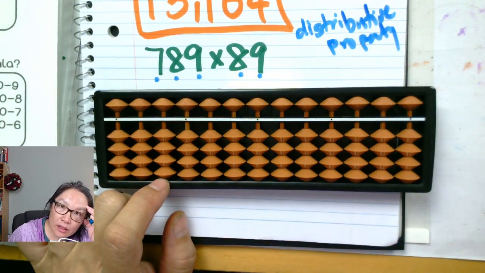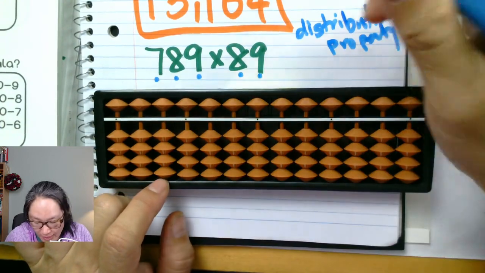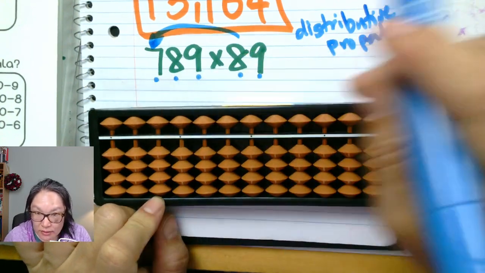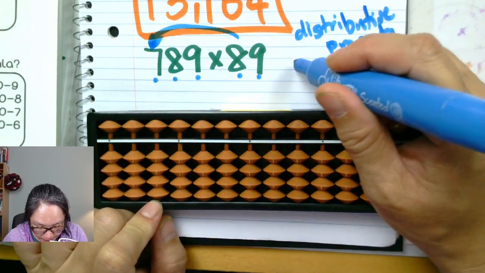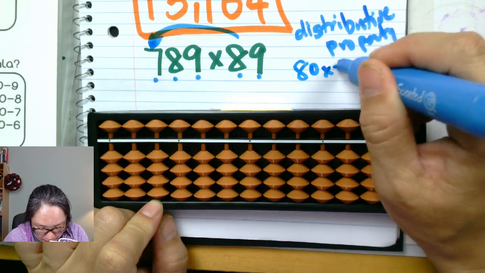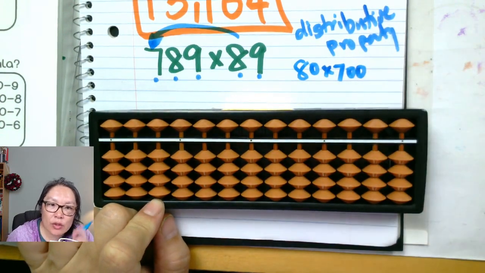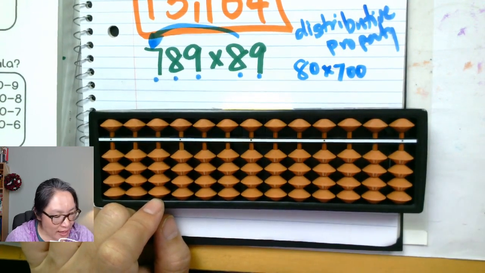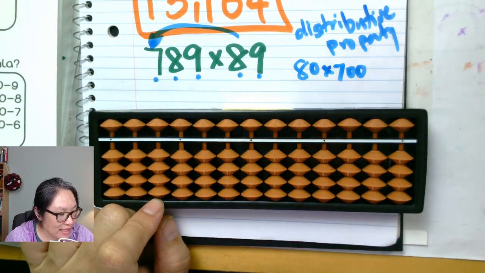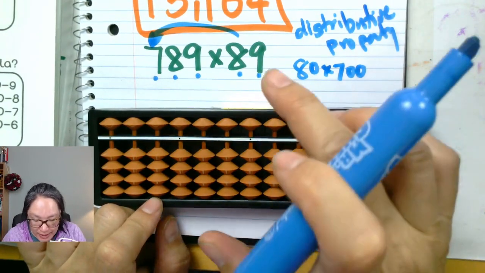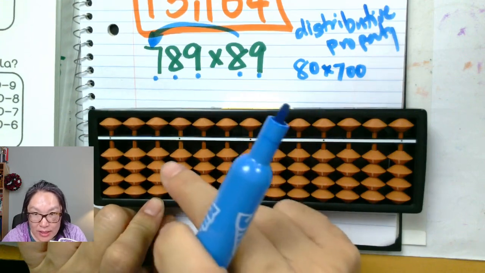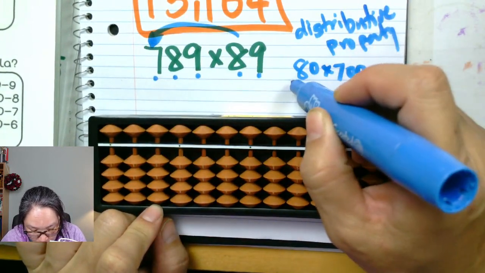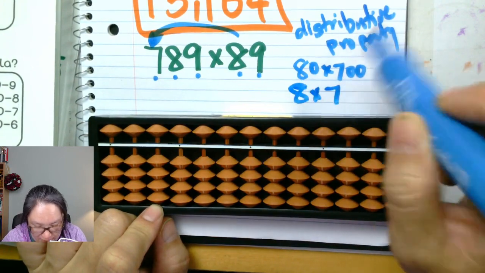Now in new math, when we do 80 times 700, the difference between new math and abacus is that new math has to write it down. On the abacus, we don't need to, because the abacus helps us track it. So we only need to do 8 times 7.